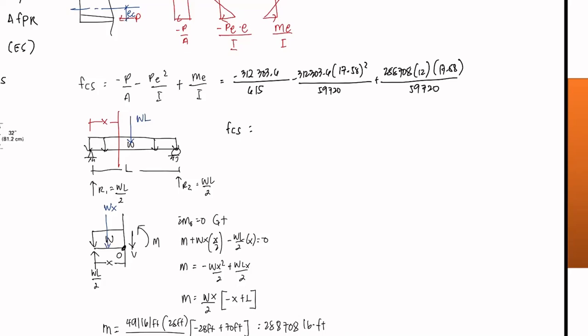Our answer will be a value of negative 1,104.153. This is pound inch, then ito is inch, then it's inch to the fourth, so PSI, no? Pound per inch squared or PSI.